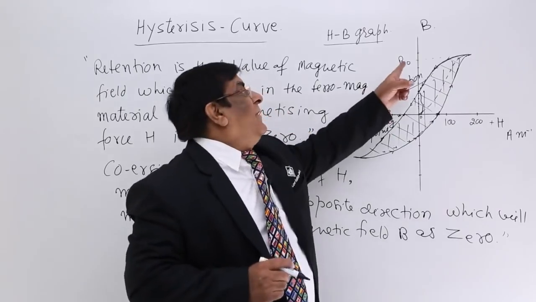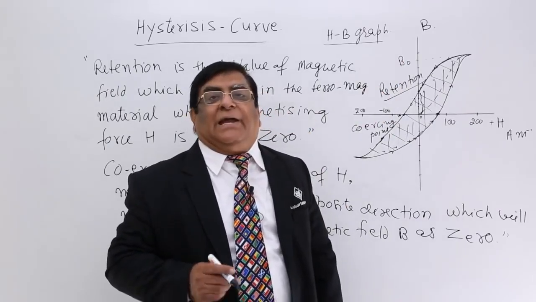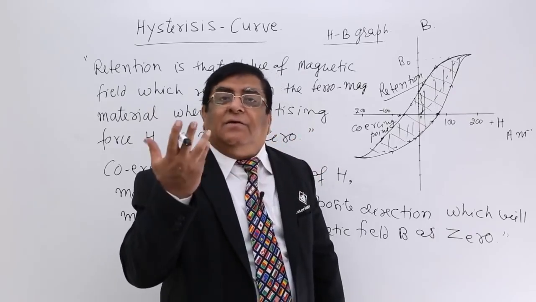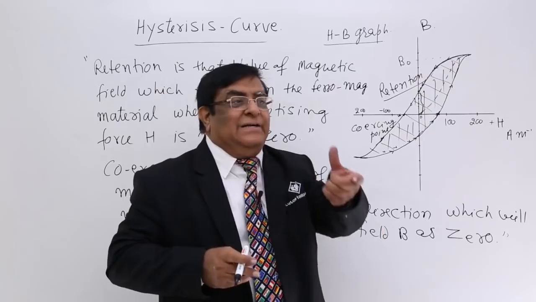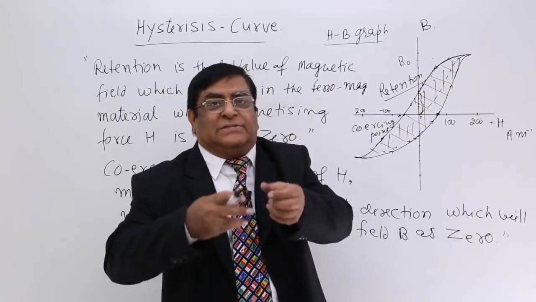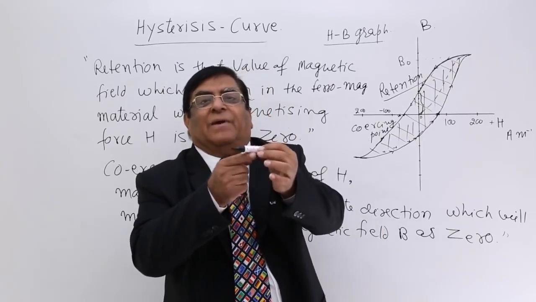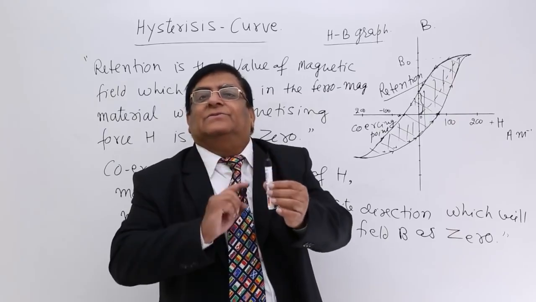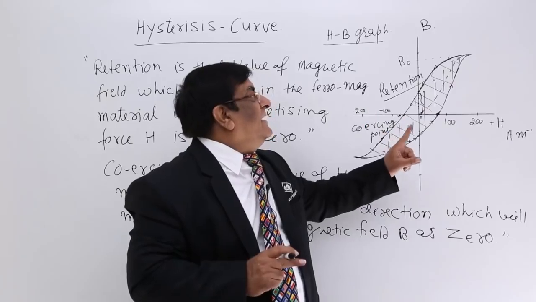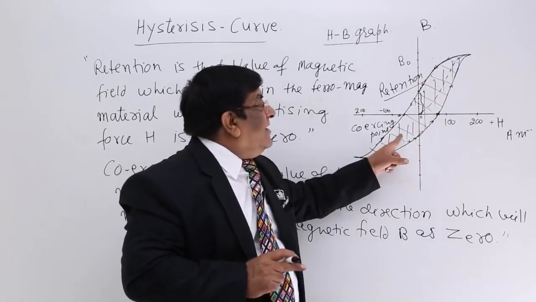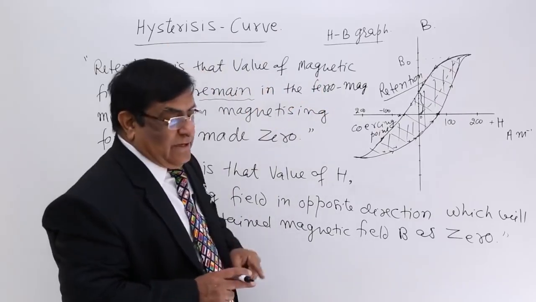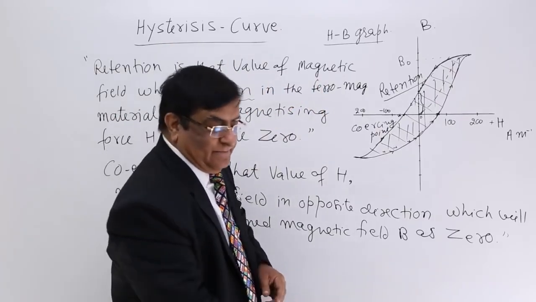Inside the ferromagnetic material, what we get? 90, 90, 90, 90. Where is the 10 gone? Answer: 10 is gone in the process of magnetizing, demagnetizing, magnetizing, demagnetizing. So that loss of energy is given by the area of the hysteresis curve. This is the importance of it.